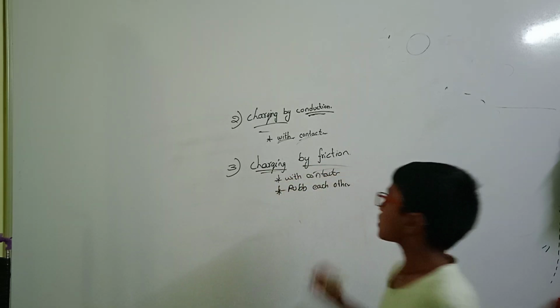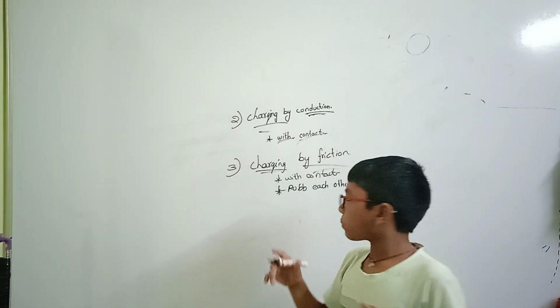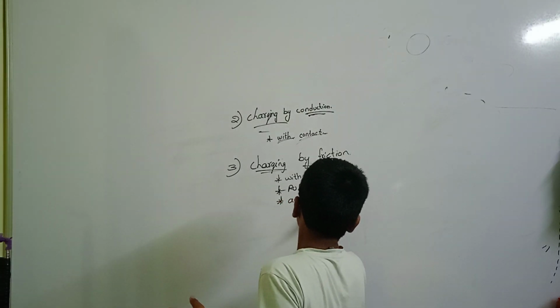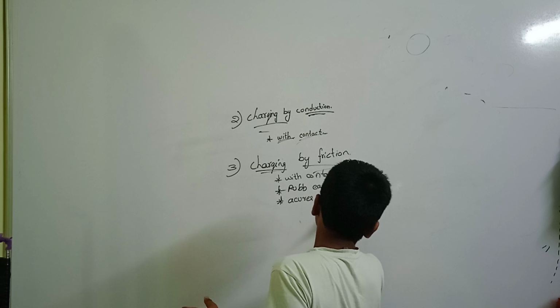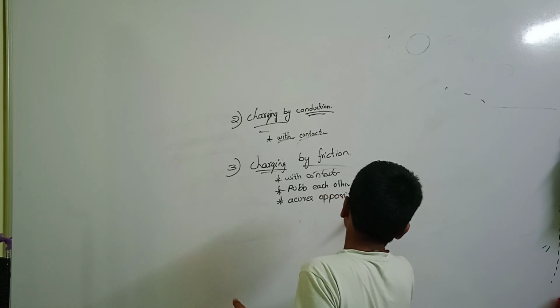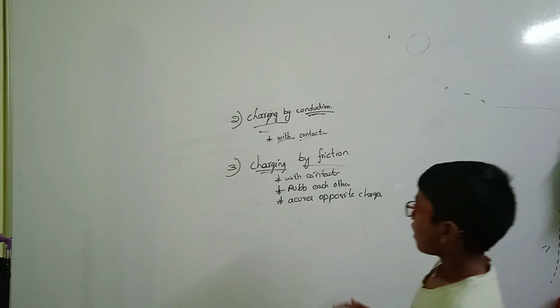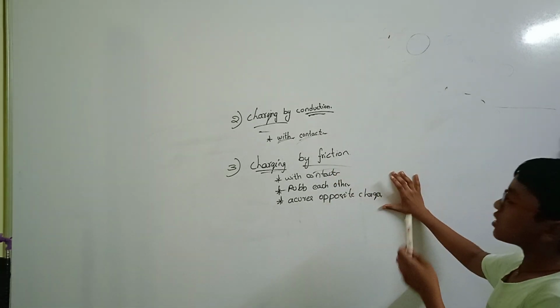If you charge by friction, the two bodies acquire opposite charges. These are the three main points of charging by friction.